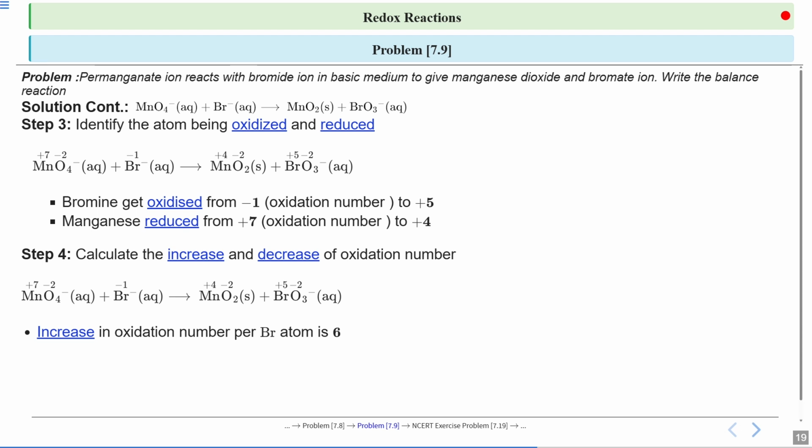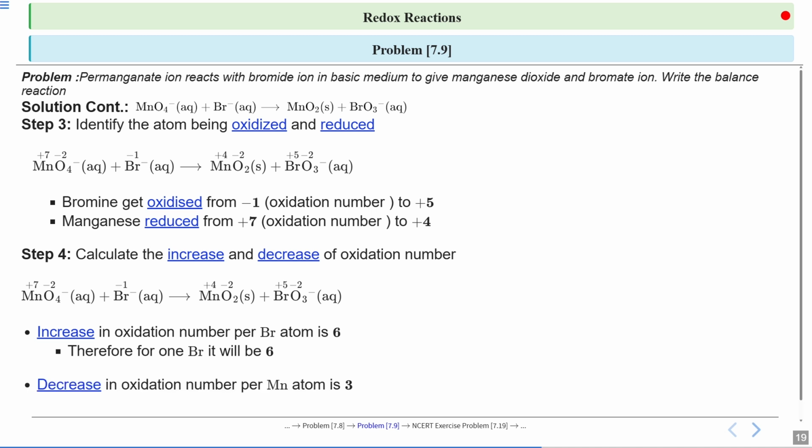The increase in the oxidation number per bromine atom is 6. Therefore, for one bromine, it will be 6. And the decrease in oxidation number is taking place in manganese, and we will find that it is 3. Therefore, for one manganese, it would be 3.